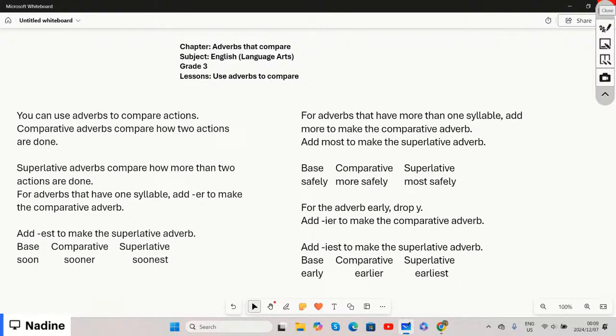And you can basically use adverbs to compare different actions, because remember, an adverb tells us more about a verb, which is a doing word, an action. So if we compare adverbs, it means that we are using the adverb to compare different actions.